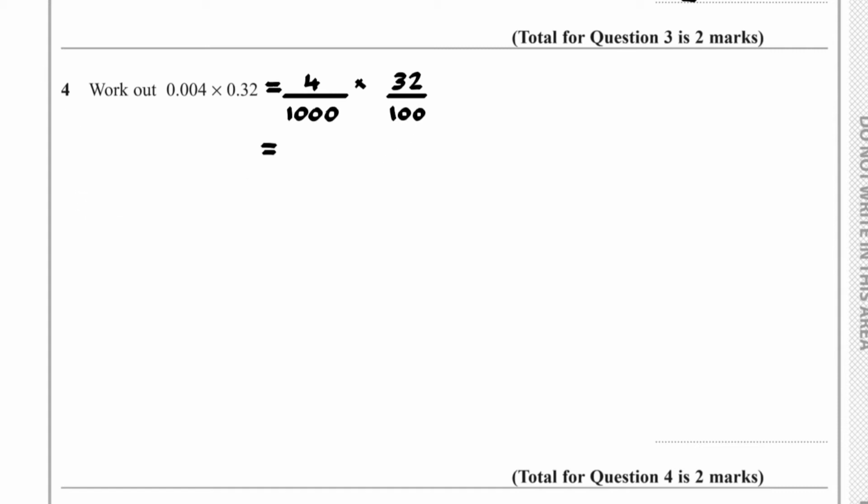So if we work this out, 4 times by 32 is 128. And then we divide this by 1000 times by 100, which is 100,000. 128 divided by 100,000, that's 0.00128. So the result of this calculation is 0.00128.